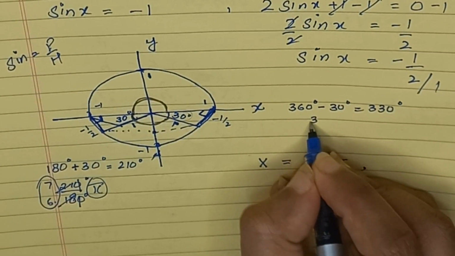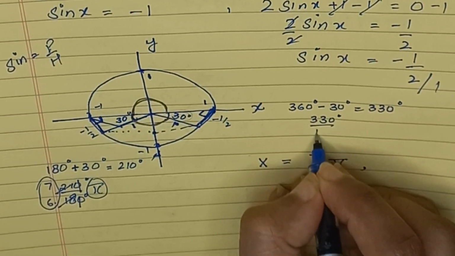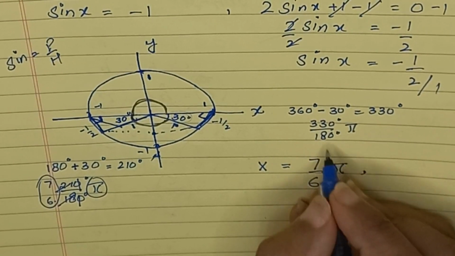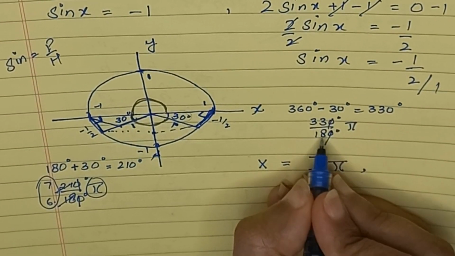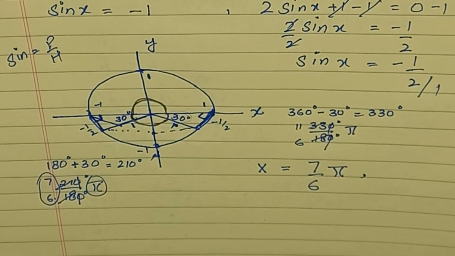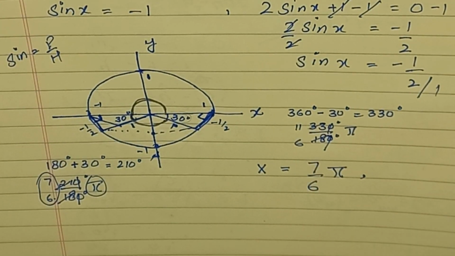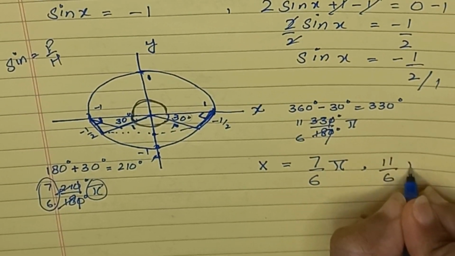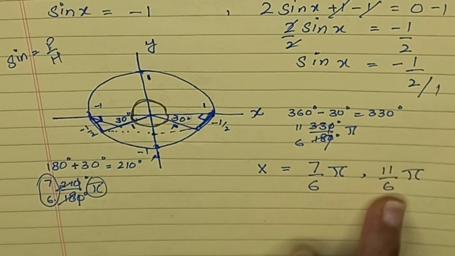So 330 degrees divided by 180 degrees times pi, we will convert this degree into radian, so 0 and 0 will be cancelled out. 3 6s are 18, 3 11s are 33, so it will become 11 divided by 6 pi. We get our second value of x.